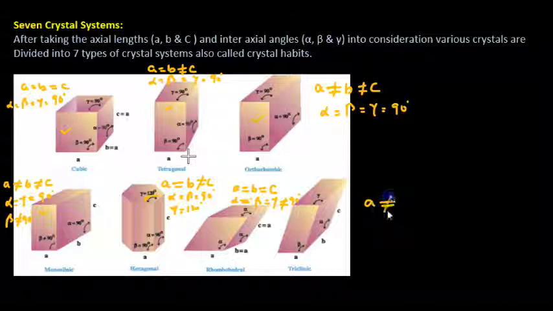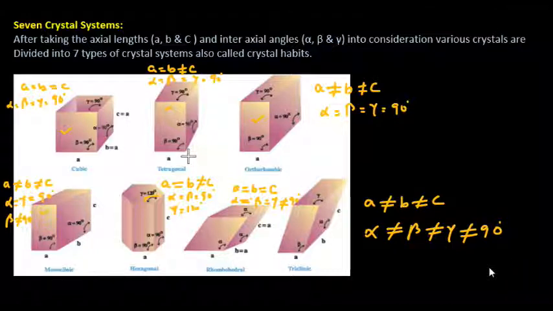A is not equal to B is not equal to C. Alpha is not equal to beta is not equal to gamma is not equal to 90 degrees. So these are the 7 crystal habits or crystal systems.